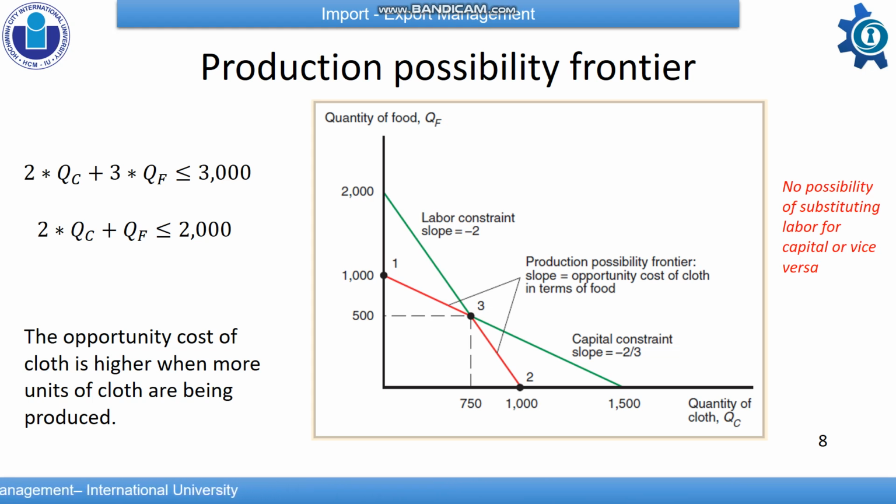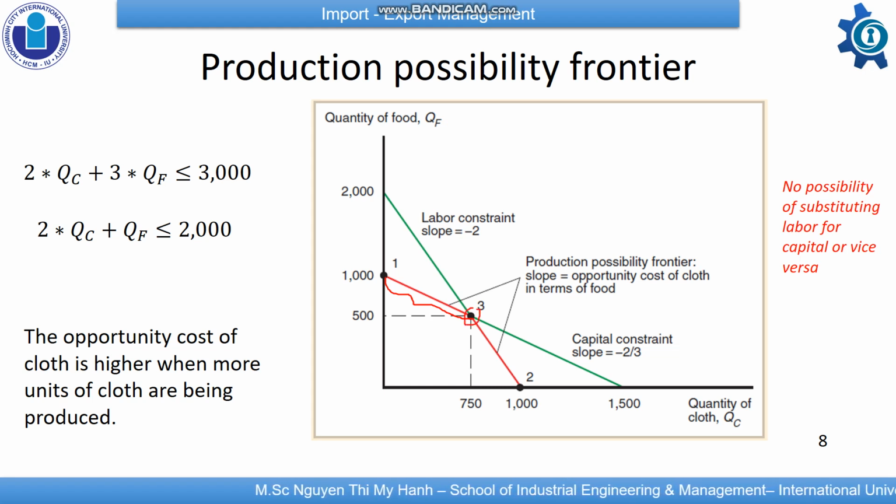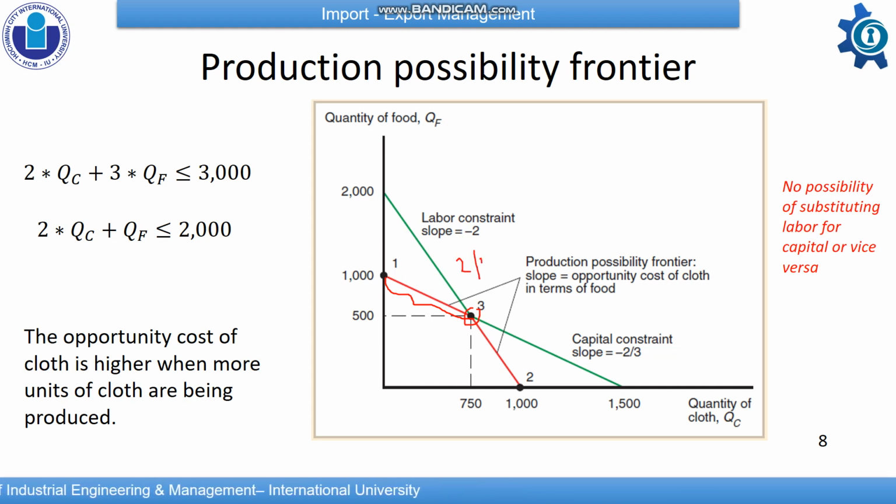For the points in this area, located on the left side of point 3, the opportunity cost of cloth is 2/3.